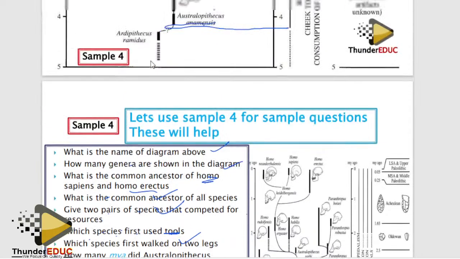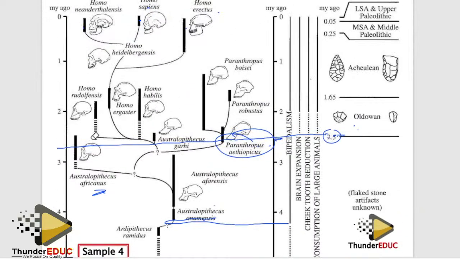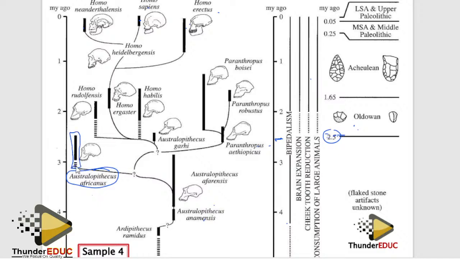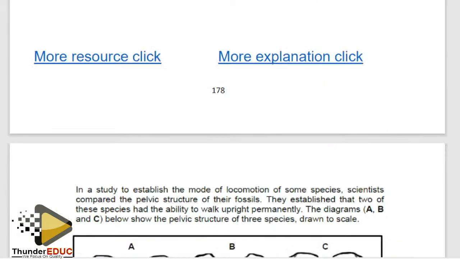So you come back here on the diagram and then you see where it appeared. Australopithecus africanus, where is it? Africanus is here. So you find where it appeared. Maybe it is 3.2. Remember the 0 is this side, so you count going downwards. You count from 0. Maybe it is 3.2. Yes. Million years ago.